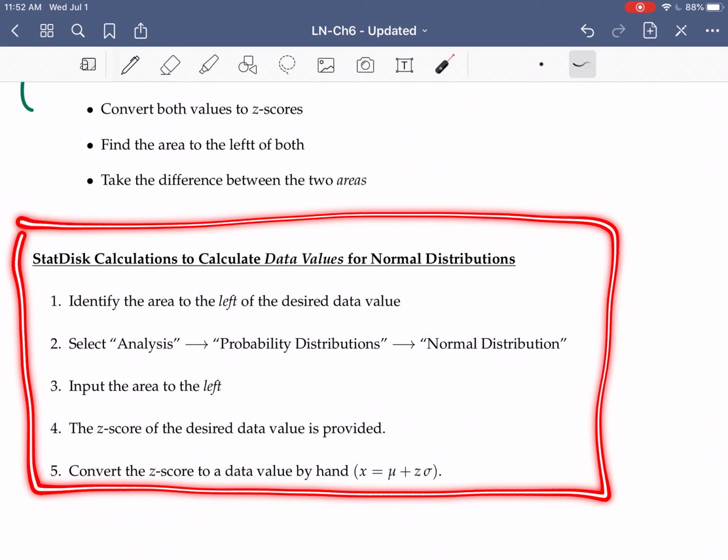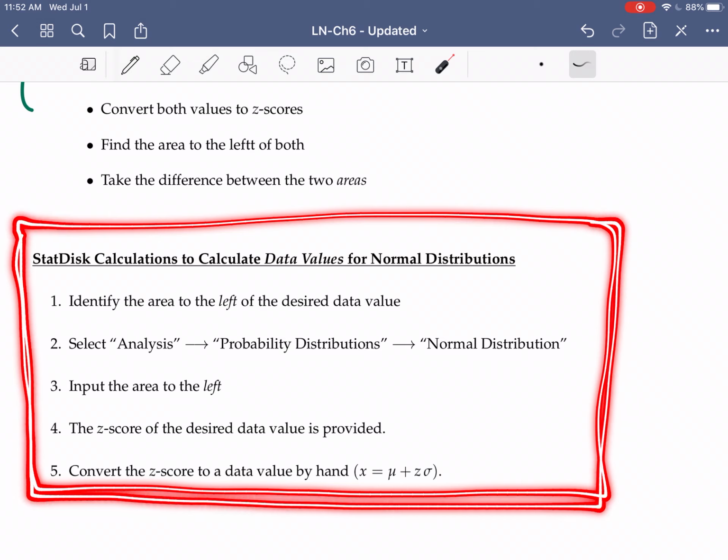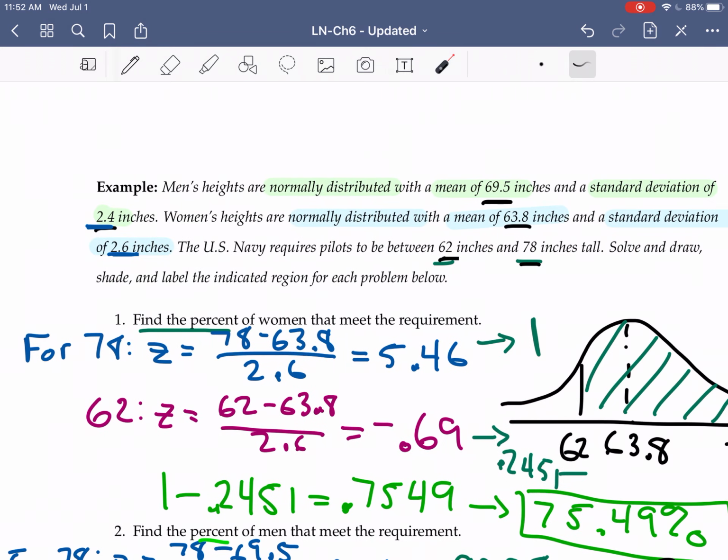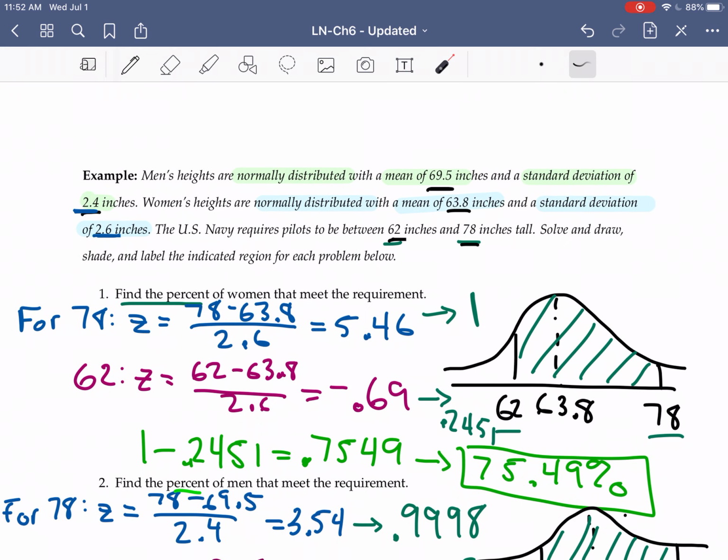And so we are going to use this. These will be our instructions if we are trying to calculate data values when we are given a probability or area. So let's look at an example. Here we have this information at the top.